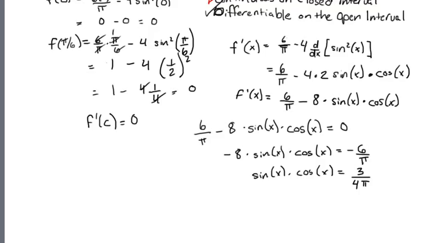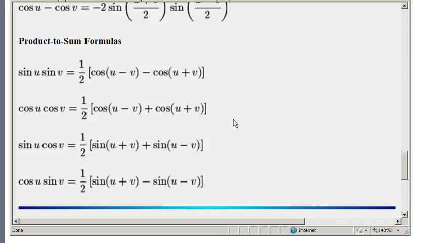The trig identity that we can use for this is the product to sum formula. So I have sine times cosine. It is defined as this. Here it says that sine of u times cosine of v is equal to 1/2 times the quantity of sine of u plus v plus sine of u minus v.